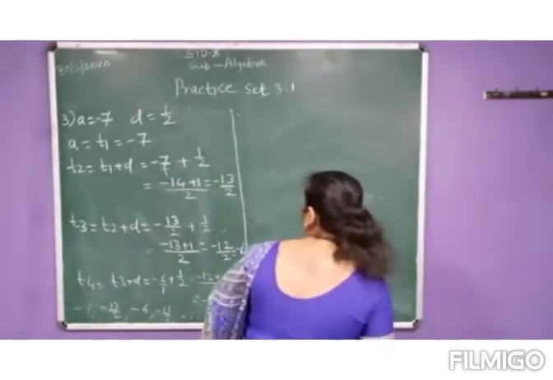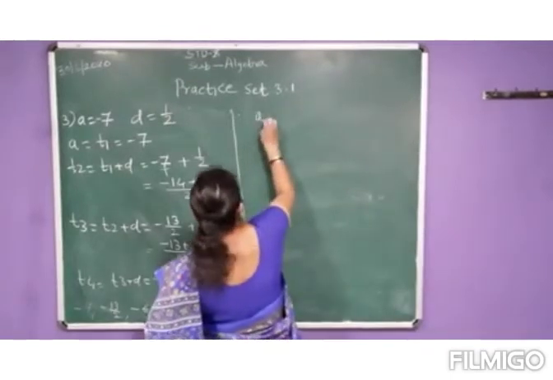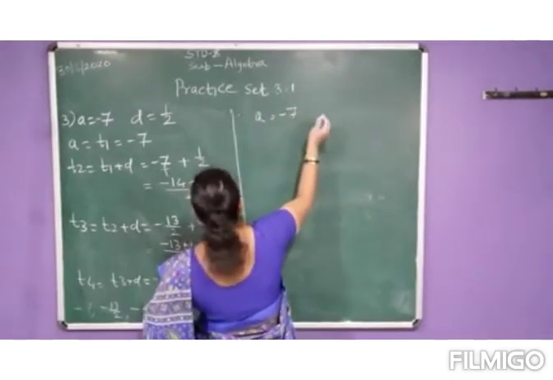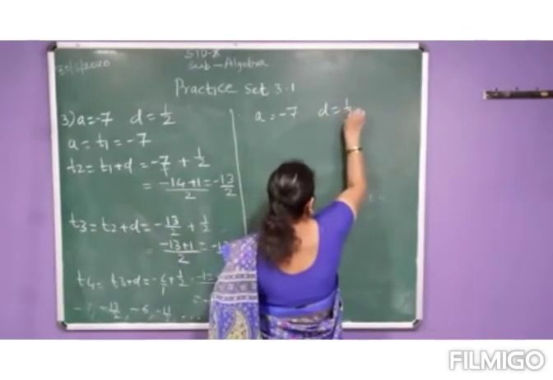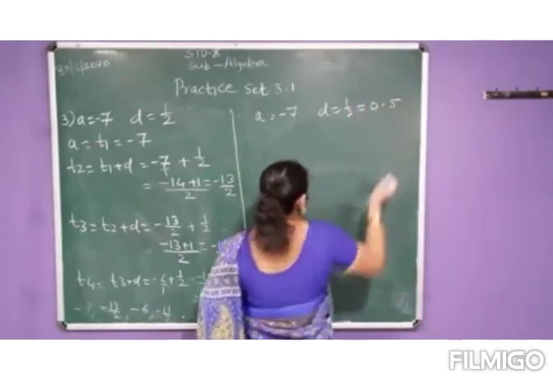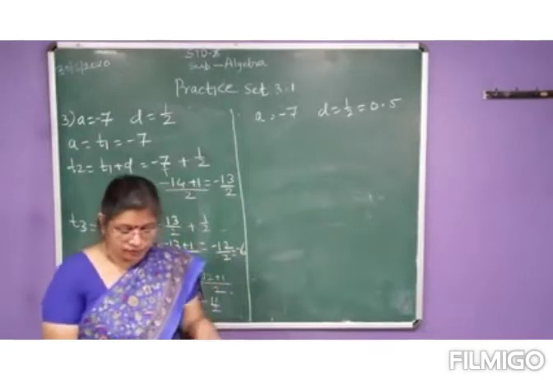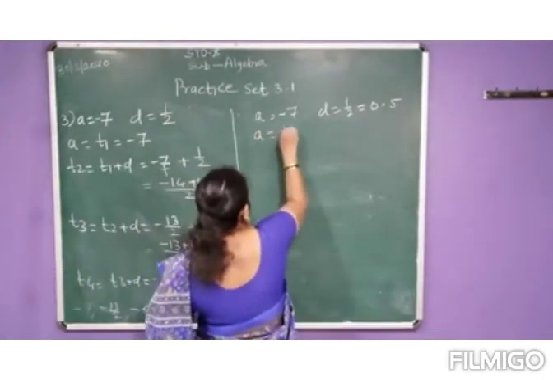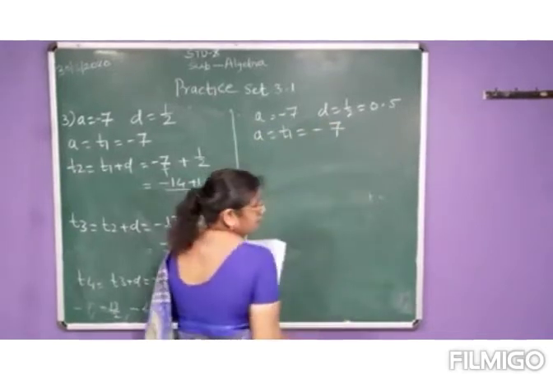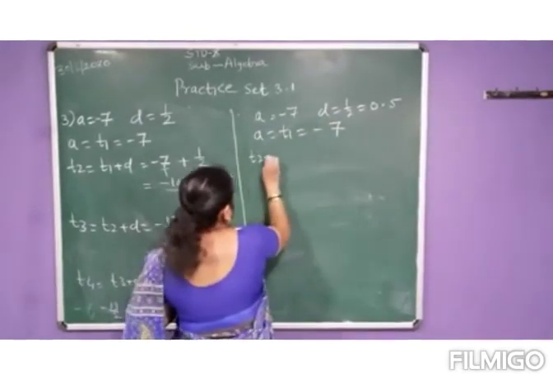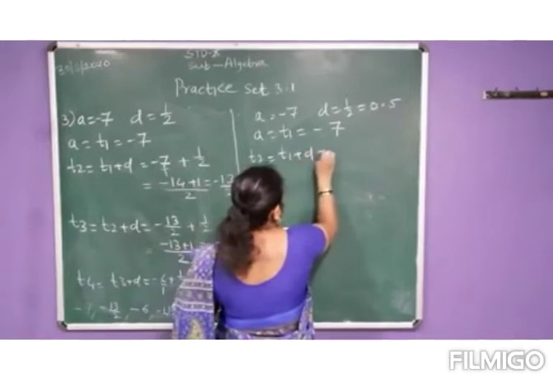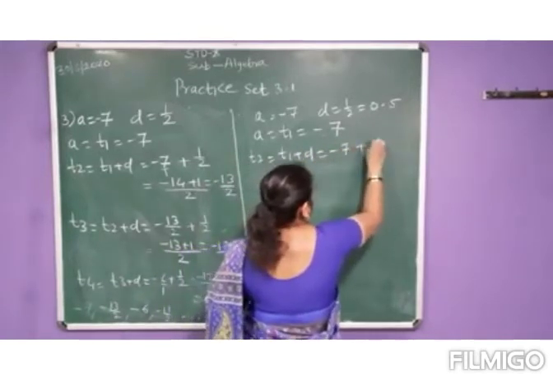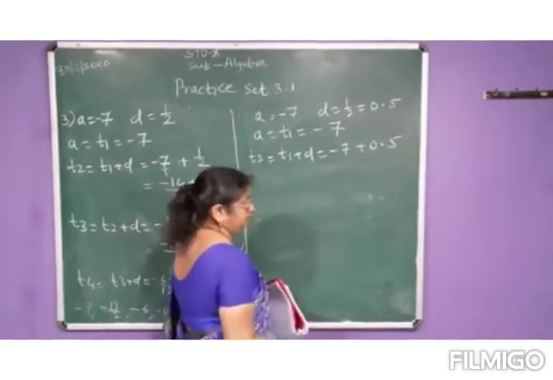Now the same sum you can solve it as A is equal to -7 and D is equal to half. You can take it as 0.5 in the decimal form. Then A is equal to T1 is equal to -7. Then T2 is equal to T1 plus D, -7 plus 0.5.